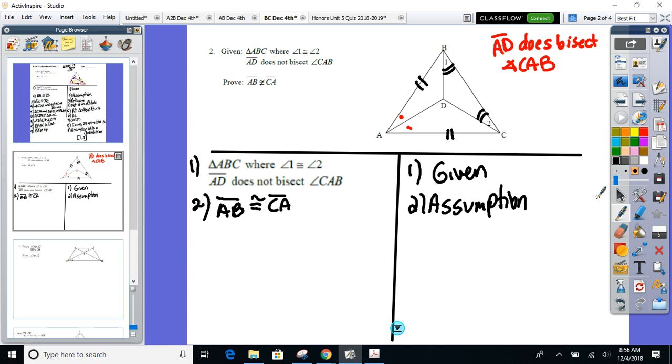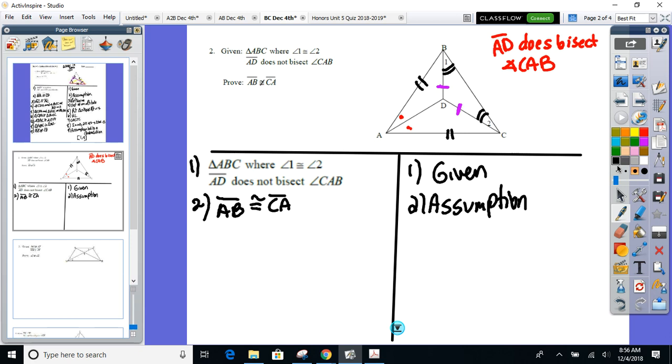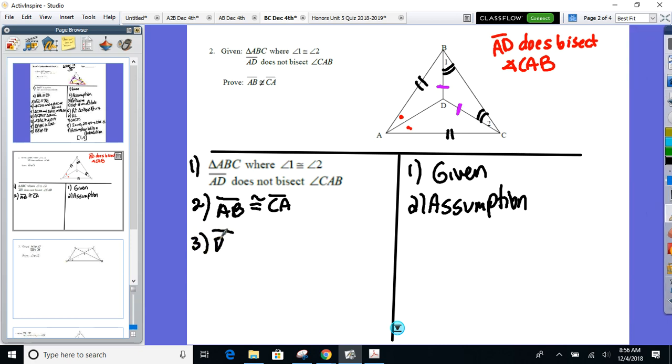Okay, why don't you stop right there? He took the hard part away from you. Everyone see? I got those two angles in the same triangle. What type of triangle is this? Isosceles. What's across from these congruent angles? Congruent sides. Not the way we like to look at it, but it's true. So we have side DC congruent to side BD.